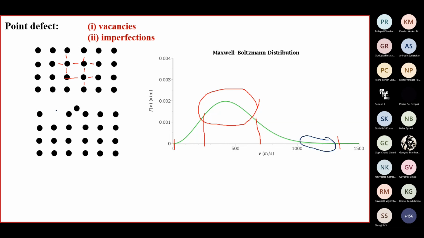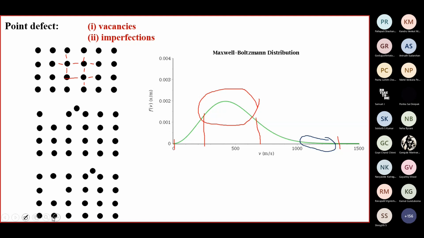That's what happens here. Let's say this particular atom had more energy, it broke the bond and moved away from its lattice point. As the atoms come out, their entropy increases.